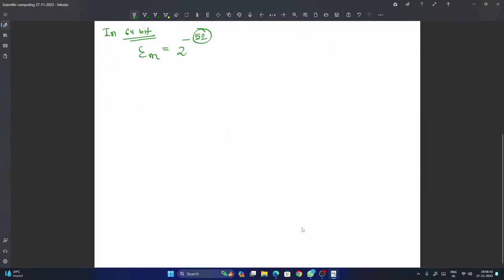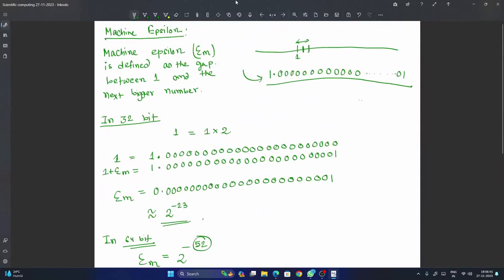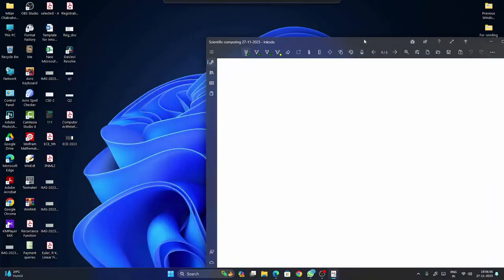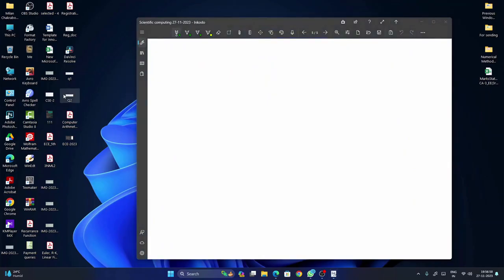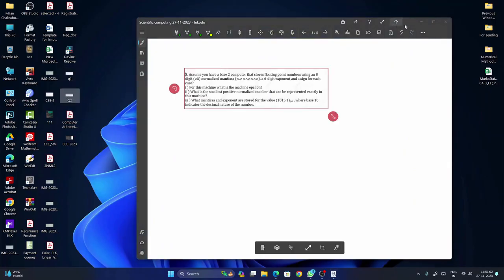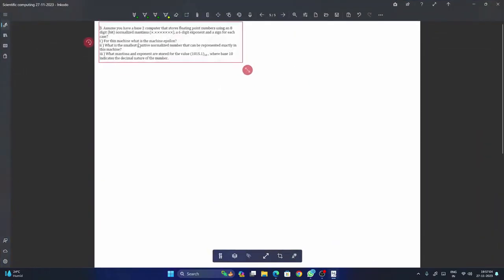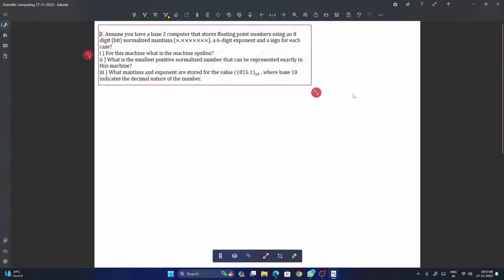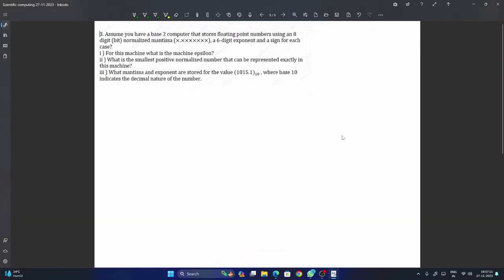Okay, so now we will discuss one question, which this type of questions may occur in your exams, and they are also very important. I am just showing the pictures here, because in 32-bit or 64-bit systems, expressing the numbers and saving them is not very useful.